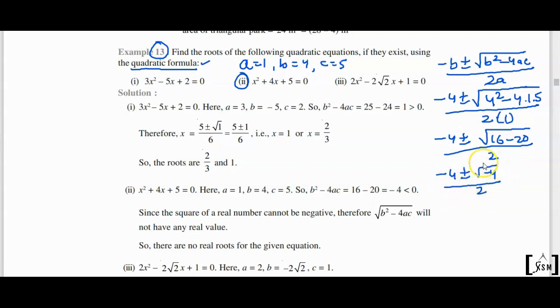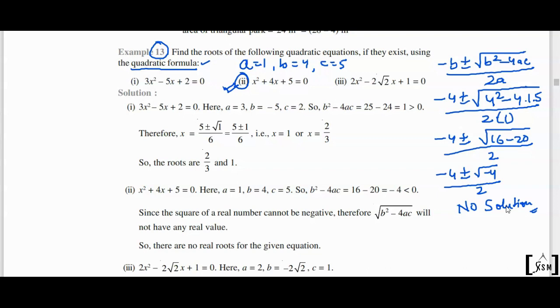And we can see here that inside the square root we have got a negative value. So it means there are no solutions for this equation. Okay. Please don't misunderstand: when I say no solution, it does not mean we cannot solve it. It means we have solved it and we have got no value of x.